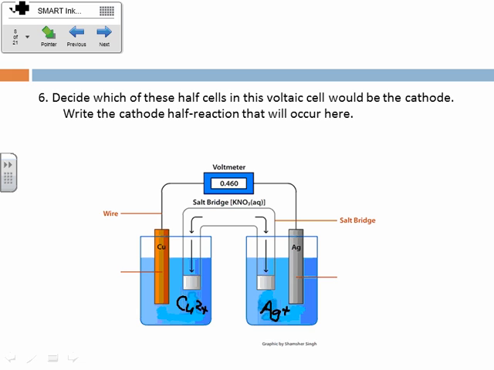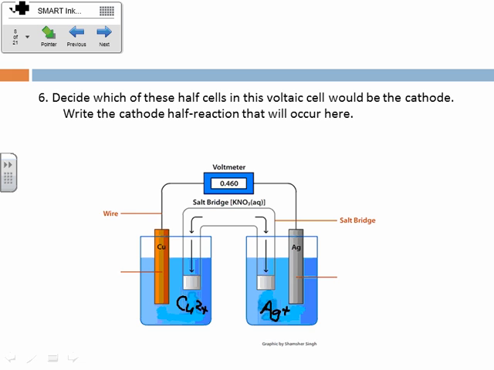So between those two, which one is going to be, well, first of all, cathode means what? Reduction, red cat, right? Okay, so which one is going to have the higher tendency to be reduced here? Okay, it looks like the silver. The silver 1+ is going to have a higher tendency to be reduced, okay?